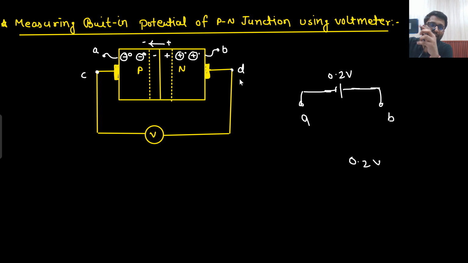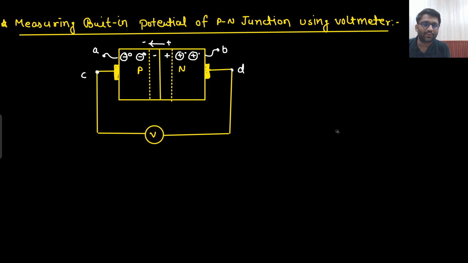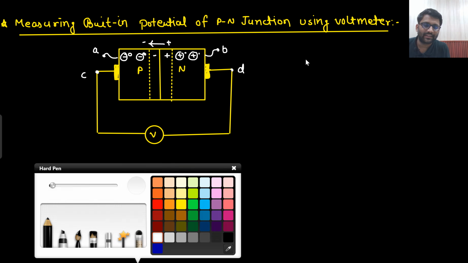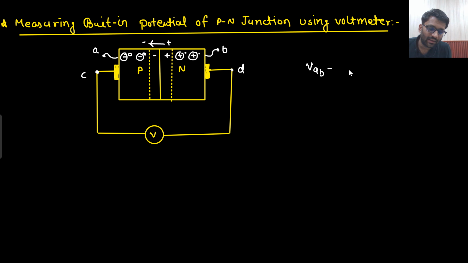Between metal and semiconductor there was a junction made. I wanted to calculate the potential between A and B, because whatever the built-in potential is, VAB is equal to V built-in only. Do you agree to this point? Yes, VAB is nothing but V built-in.